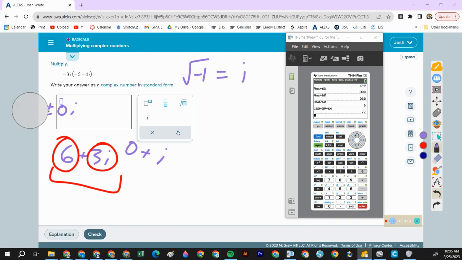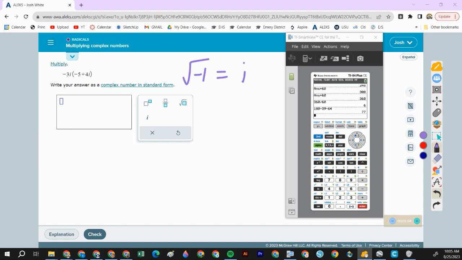All real numbers are complex numbers. All imaginary numbers are complex numbers. So here, we need to distribute the -3i, and we multiply the real portion and the imaginary portion. So the first one would be 15i, and then minus 12i squared.